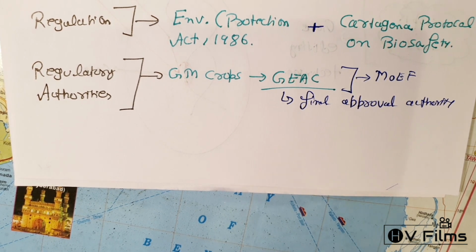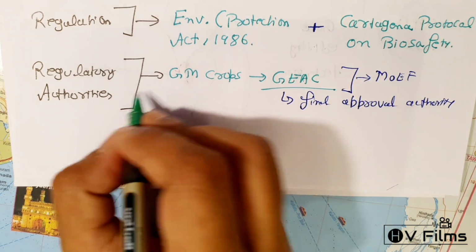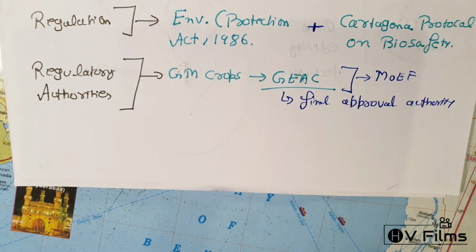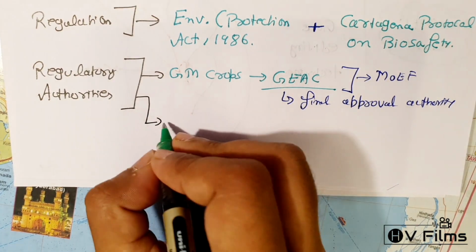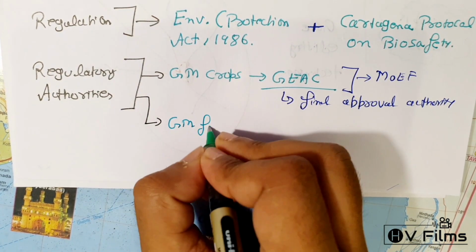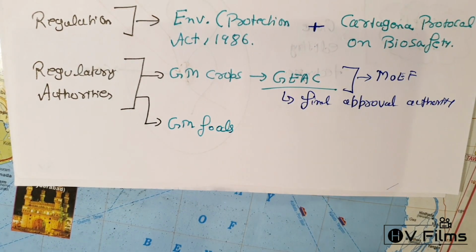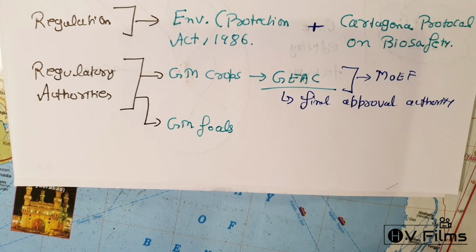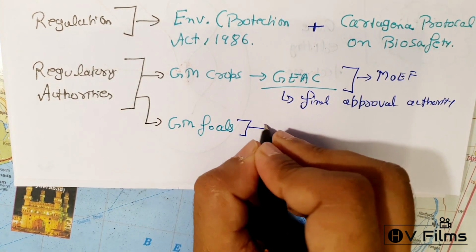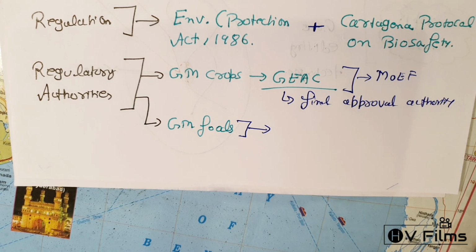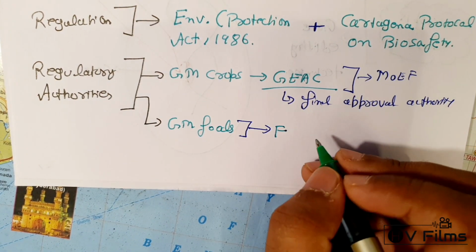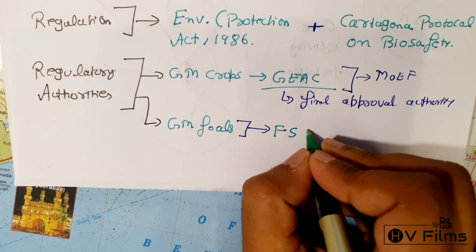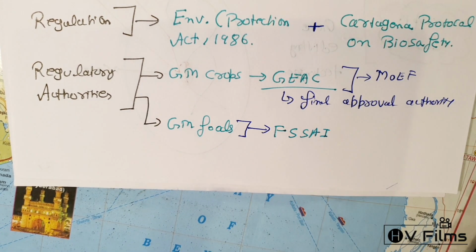So this is about the GM crops. Now when we talk about GM food, it is mainly the FSSAI, the Food Safety and Standards Authority of India. You must have heard about it.